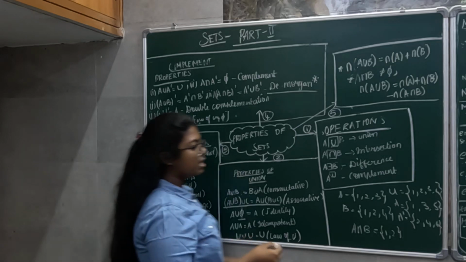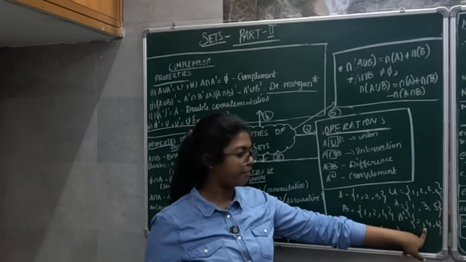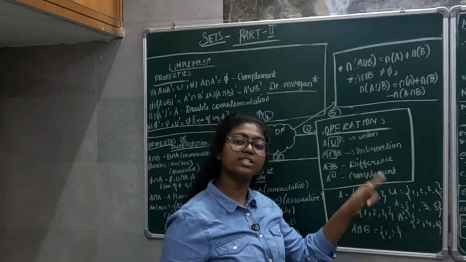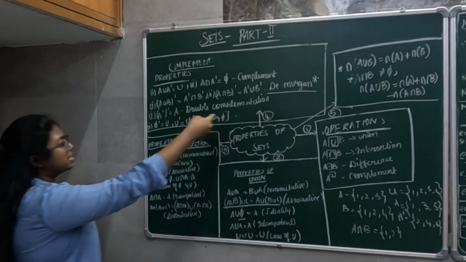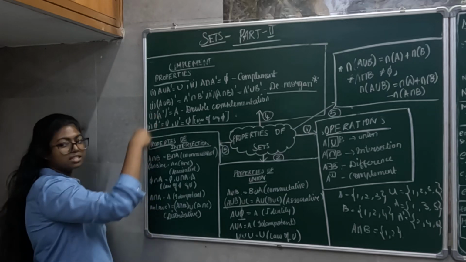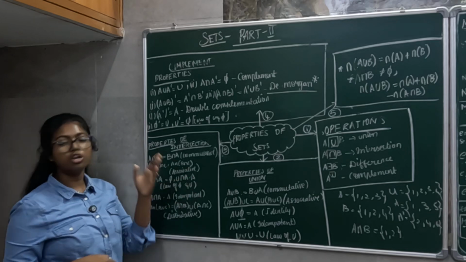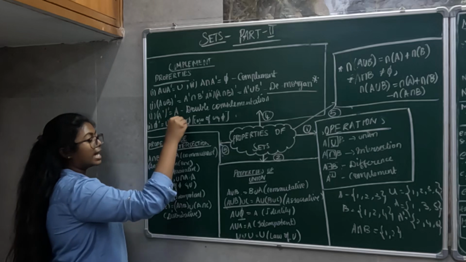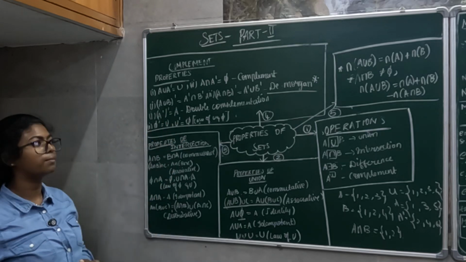For example, A dash is equal to 2, 4, 6, as we have already given an example. The whole dash, that is the complementation of this A dash, will again become A, and that is represented as double complementation here. Then the null set, that is phi dash, is equal to the universal set. This is called law of null set. And universal set dash is equal to the null set. This is called law of universal set for complementation.